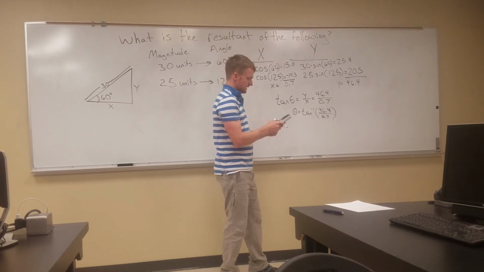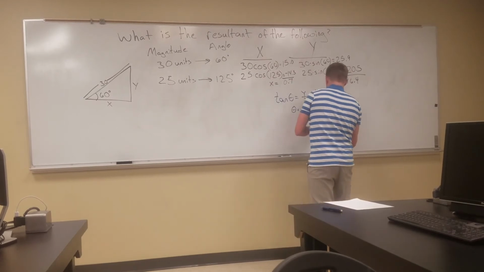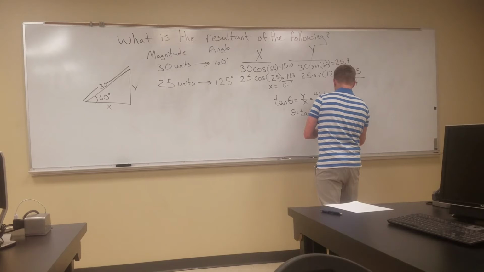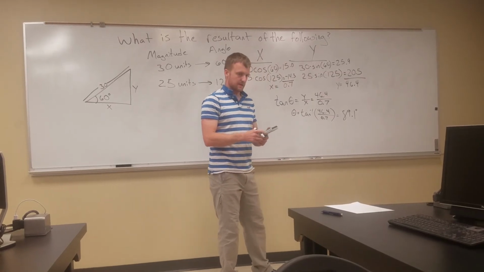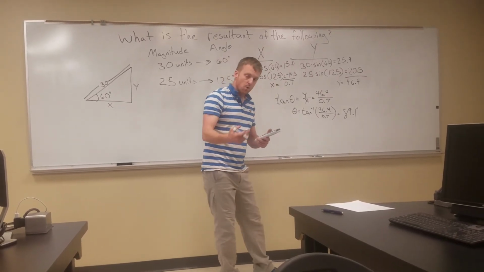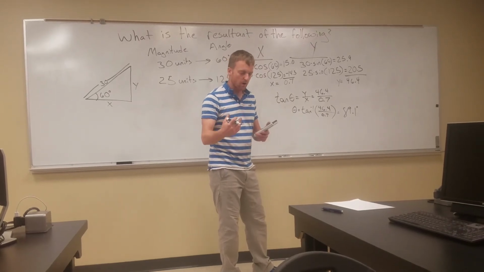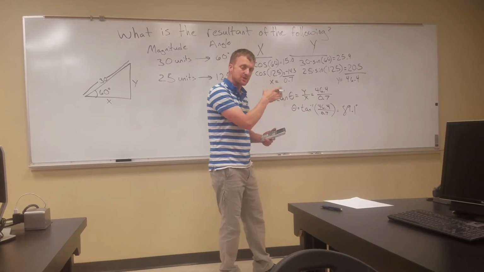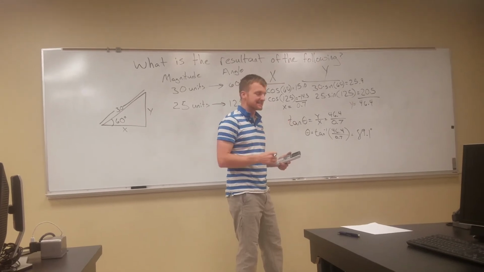We get a resulting angle of 89.1 degrees. On a force table, which is what our lab will be, you'll have to add 180 degrees to that. But for these purposes, I'm going to leave it as it is.